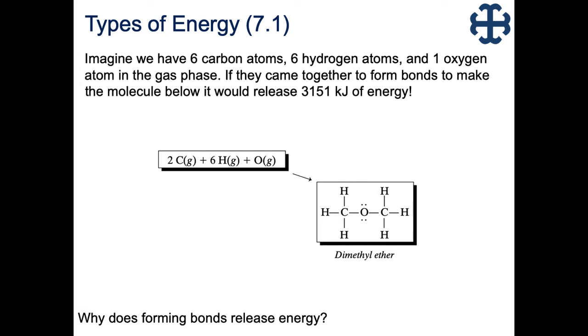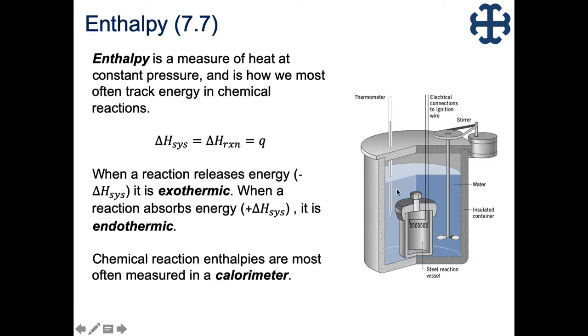So our molecule, in this case dimethyl ether, is going to be more stable when we're able to share those electrons in the form of bonds than it would be with all of these atoms existing as pure elements in the gas state. Okay? So we talked about that.